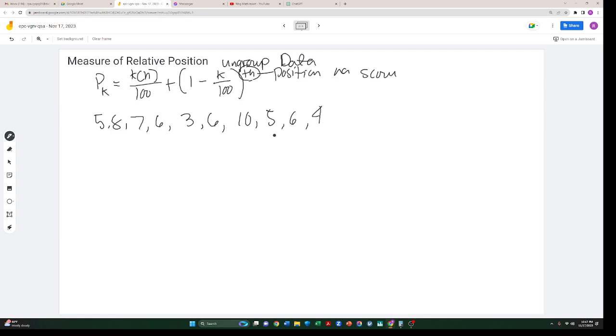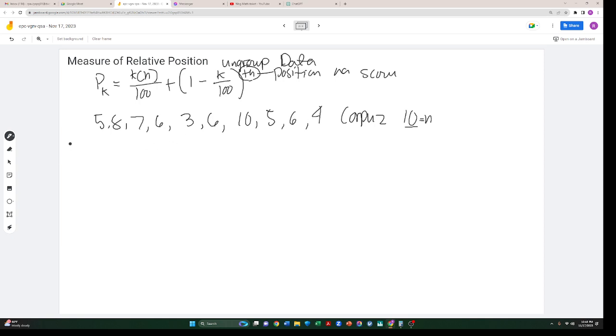For example, Mr. Corpus conducted a quiz to 10 students. Your N is 10 students. The scores obtained are the following: 5, 8, 7, 6, 3, 6, 10, 5, 6, 4. That is 1, 2, 3, 4, 5, 6, 7, 8, 9, 10.